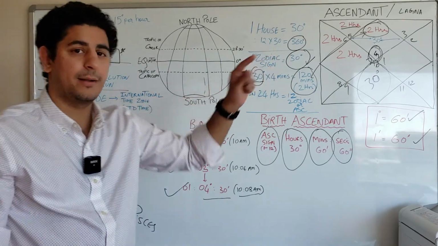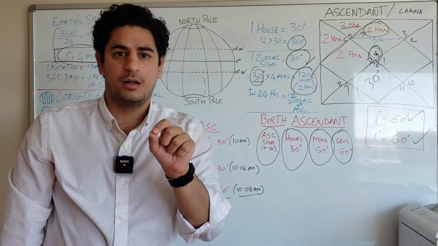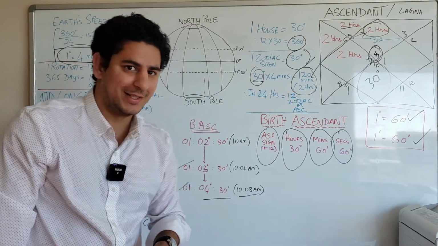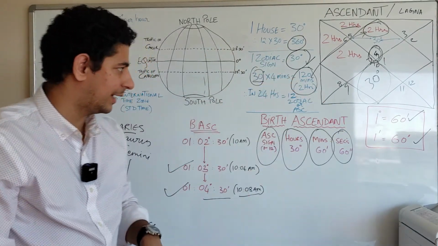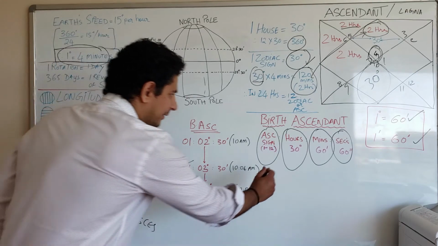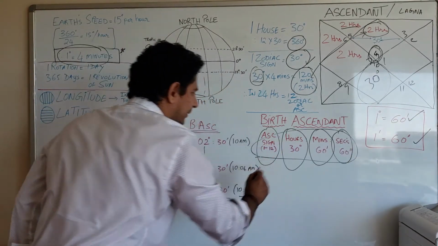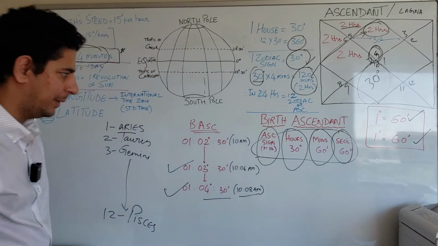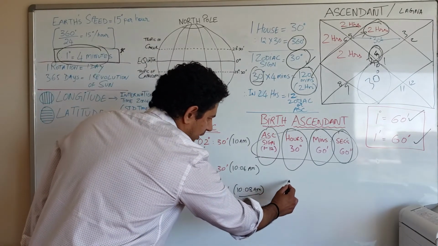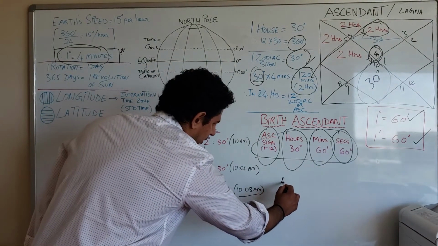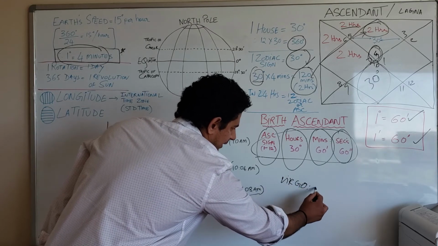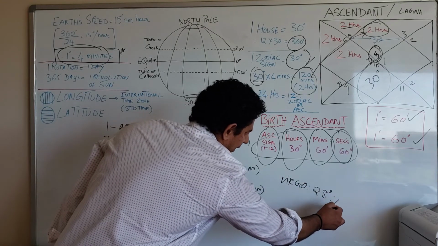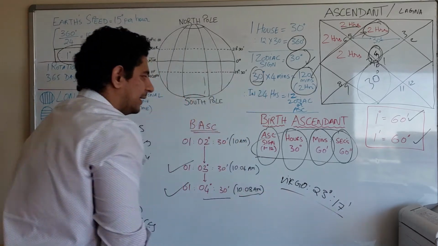So just check that and comment below. Let me know what your ascendant sign, or rising ascendant rather, is. And there would be some degrees, something like this. Say your birth ascendant is Virgo, at 23 degrees and 17 seconds.